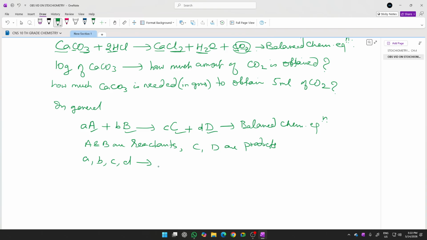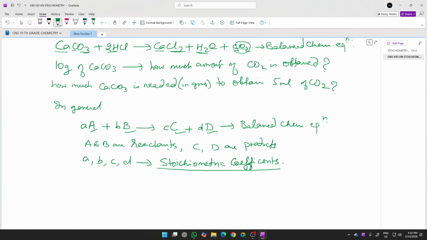So a, b, c, d are known as stoichiometric coefficients. Further when we proceed, we are going to make use of these stoichiometric coefficients for our calculations.